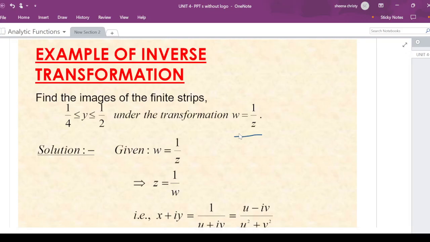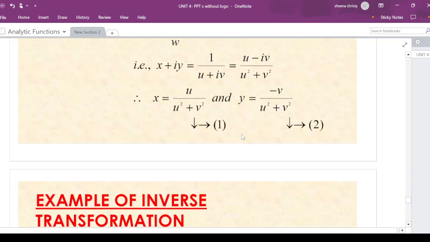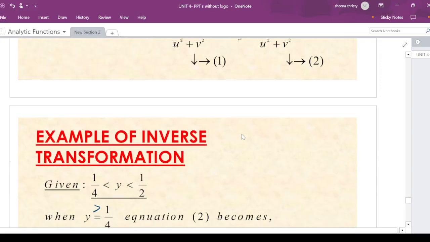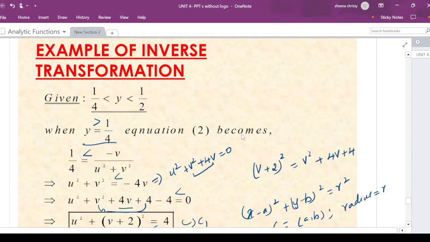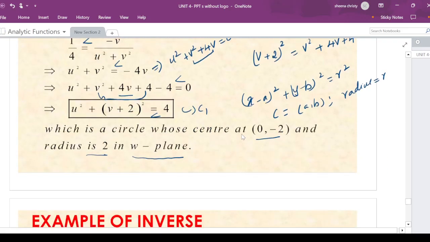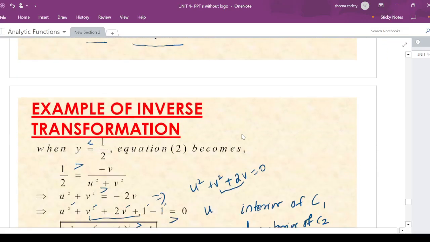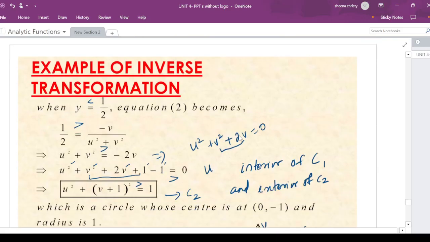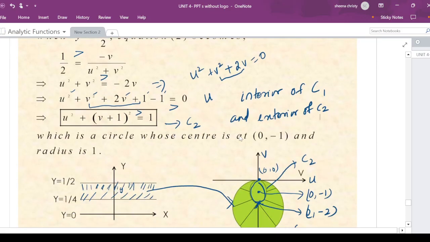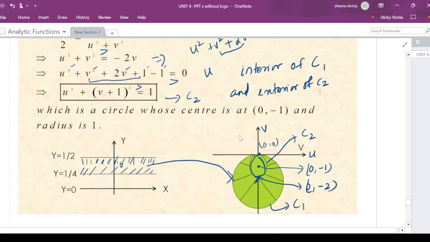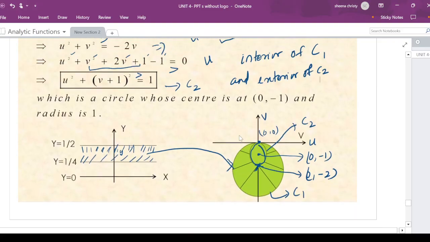Got it understood? So this completes the inversion transformation. Thank you all.